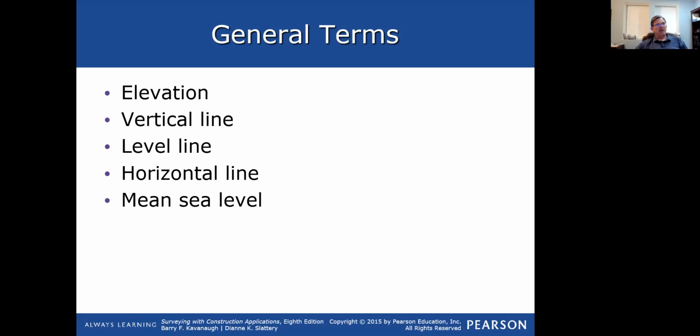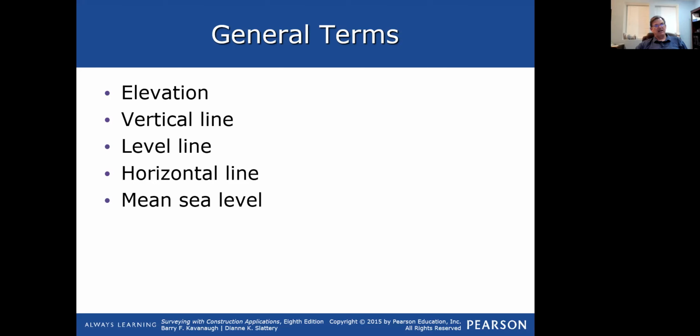A vertical line is a line measured from a point above the surface of the earth to the surface of the earth, in a direction toward the center of the earth. And we'll see that here in a moment.